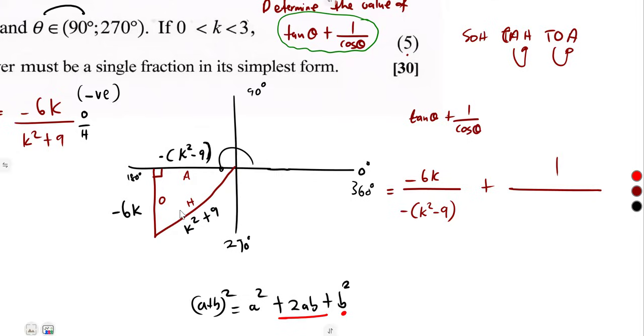So it's 1 over the adjacent, minus k squared minus 9, over what? The hypotenuse. Adjacent over hypotenuse. Our hypotenuse is what? k squared plus 9. So this was what you were going to have.